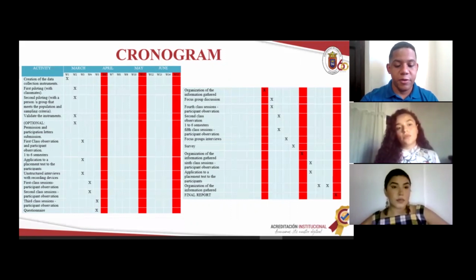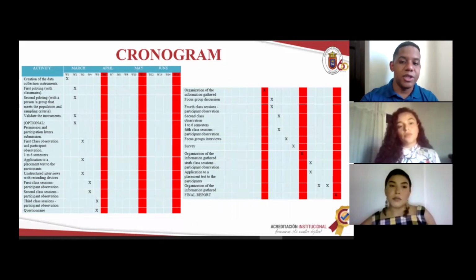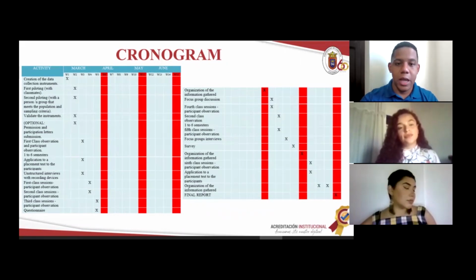Secondly, the first and second piloting to analyze if the selected instruments are sufficiently applicable to our research project. Later, to validate the instrument and establish the final instrument that we are going to use, and the permission and participant letter submission, which will give us the permission or authorization that is going to be needed.